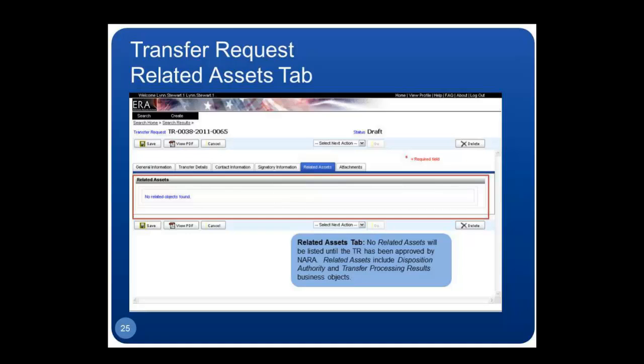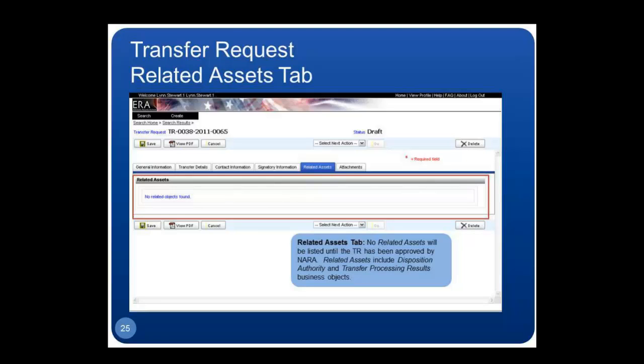The next tab is related assets. At the point at which this transfer request is proposed to the National Archives, I believe that's the point at which it happens, the related disposition authority, ERA disposition authority, will be listed here. So up to the point until it is proposed to the National Archives, there will probably not be anything in related assets.